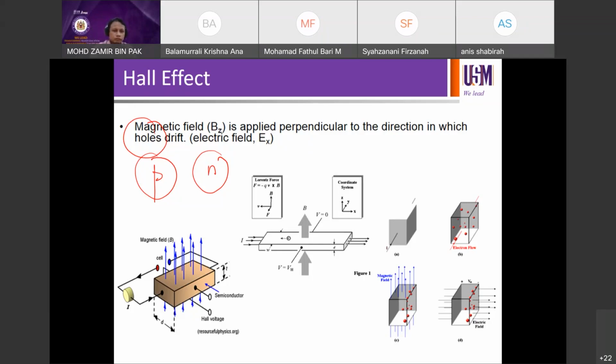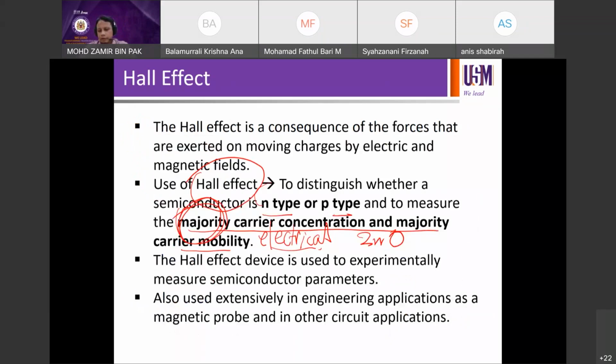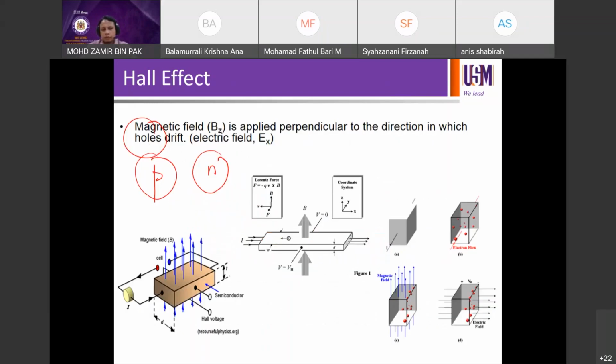You want to know the electrical properties of your semiconductor materials, in which you have a specific majority carriers in your materials or in your devices, whether holes or electrons. So in this case, we're talking about holes. As an example, it can also be electron. Okay, so if you're talking about electron drift, then we're talking about n-type.